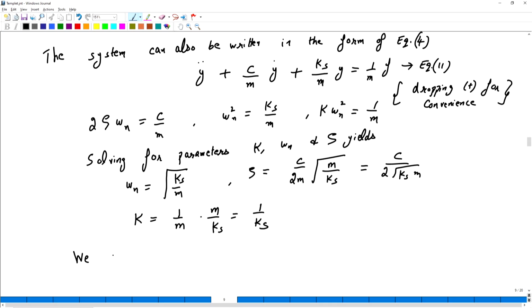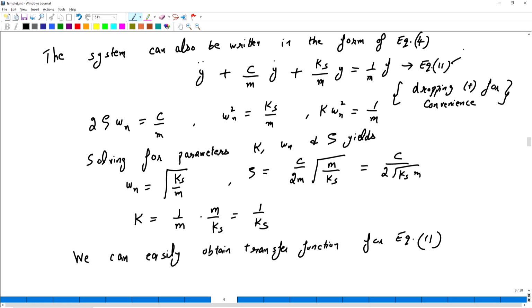Now we can easily obtain the transfer function for equation number 11. This equation number 11, y double dot plus c by m y dot plus Ks upon m into y equals 1 upon m into f.